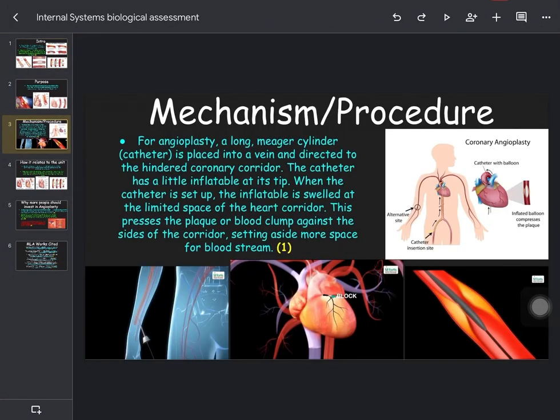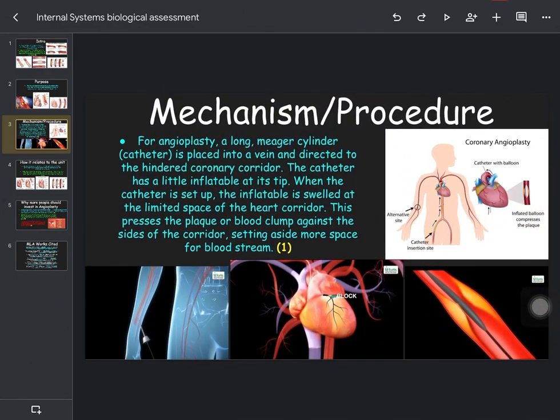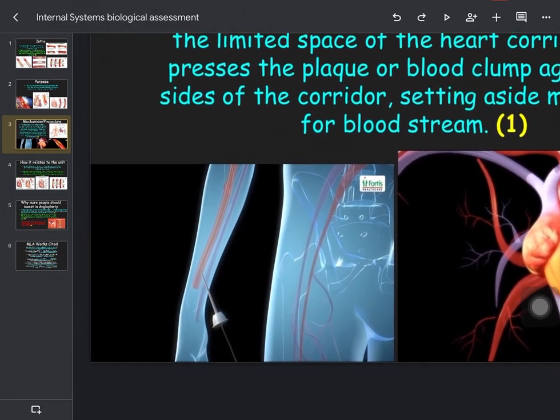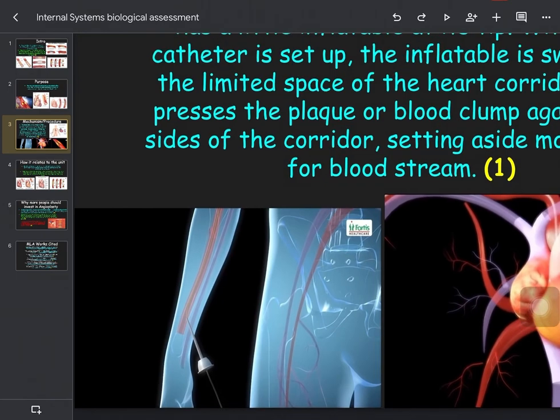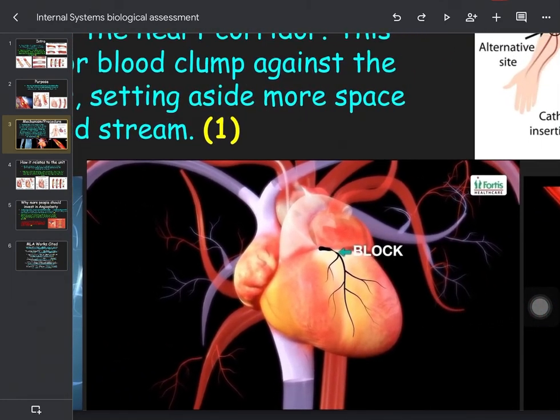And now in mechanism, I just remembered that if I were to describe these three pictures in a little bit more detail, this is the part where the needle is inserted into the radial artery, and this is the part where after the needle reaches the heart, it detects the blockage.